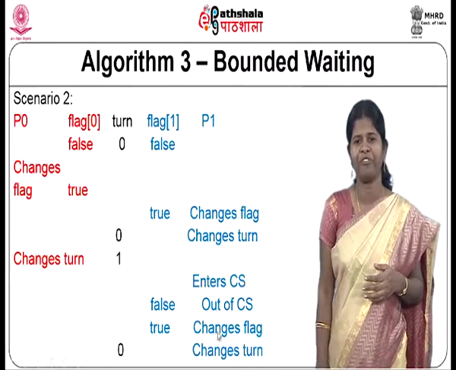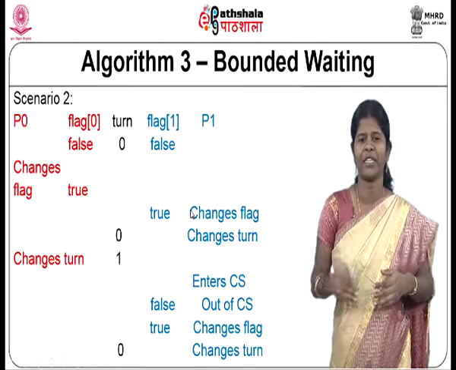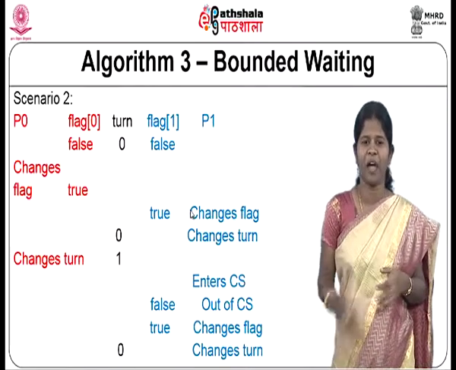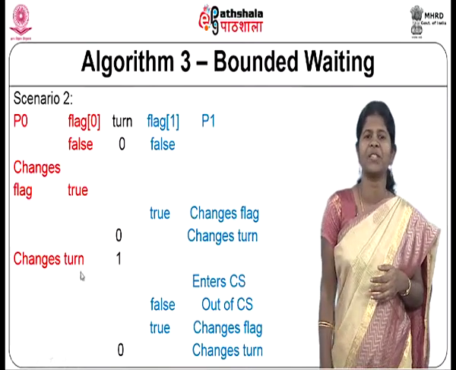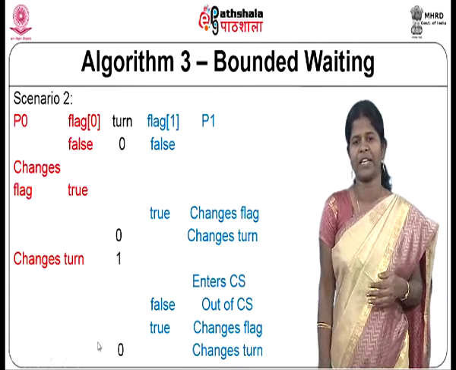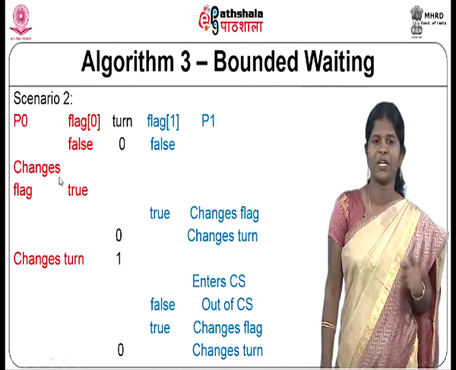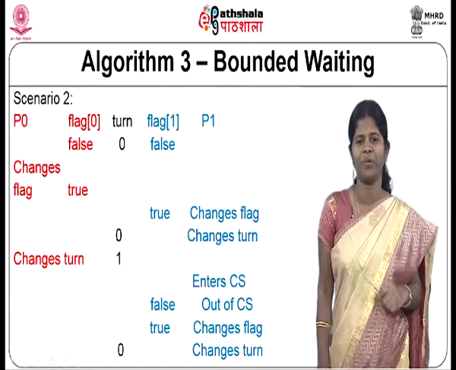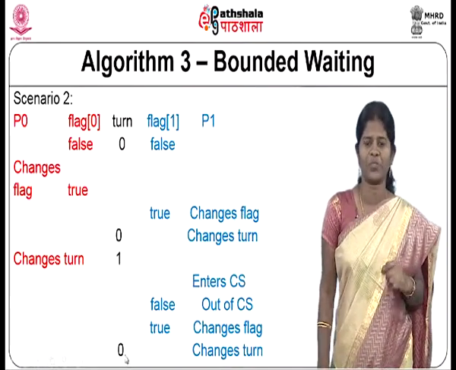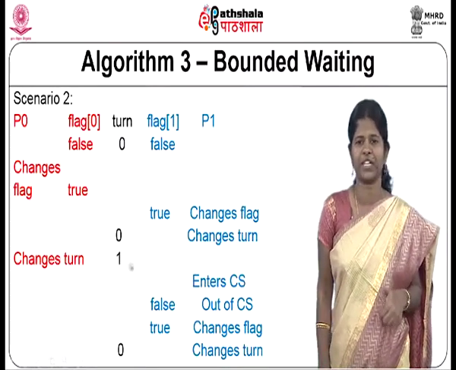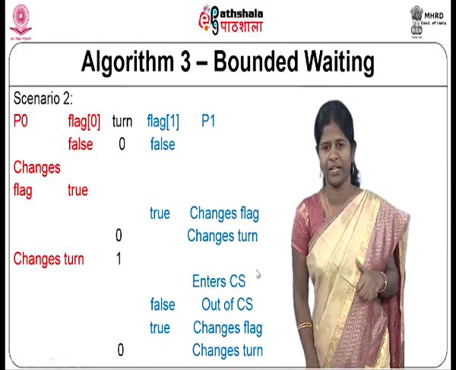Now, here you find that P1 cannot enter critical section because it changed the value of turn to 0. Unless P0 is entering critical section, P1 cannot enter critical section because the other process's flag is already true and the turn has been changed to 0 by this process now.